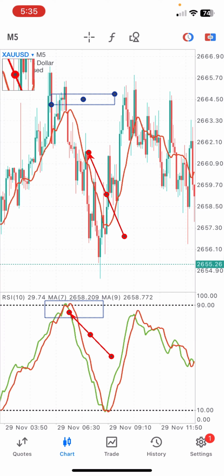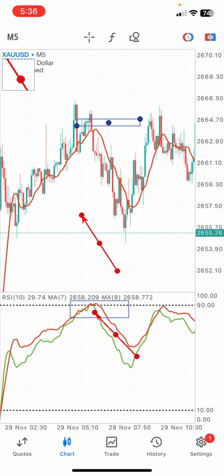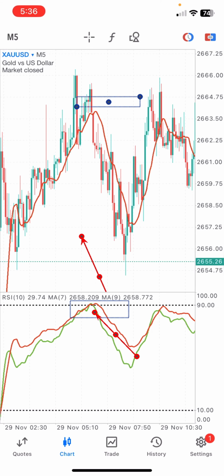You can see where it touches right here. It touches the moving average line, moves above it a little bit, and then starts dropping to the downside.